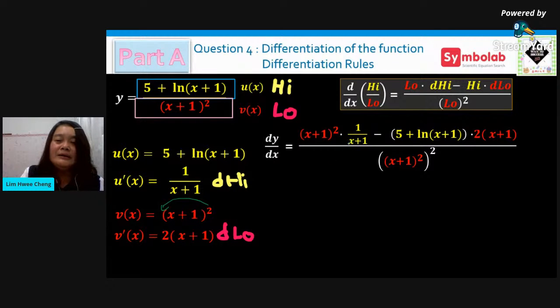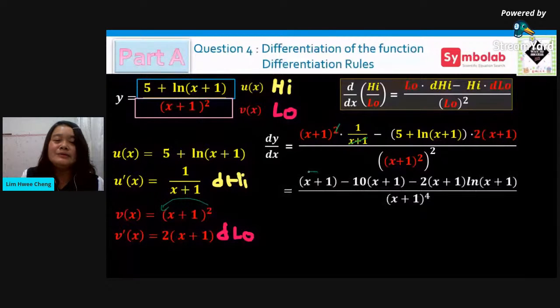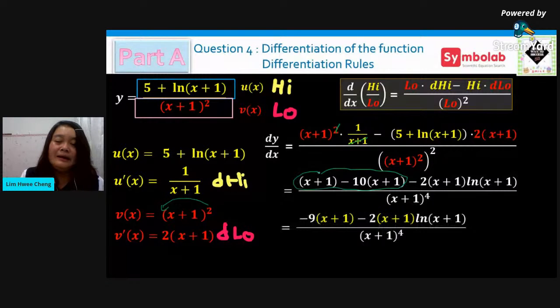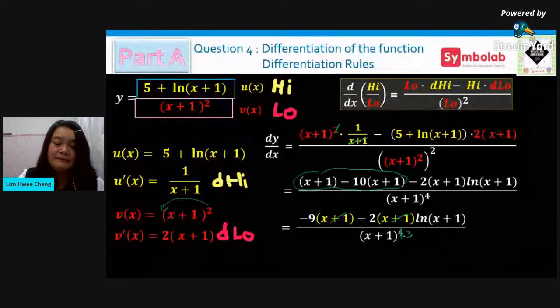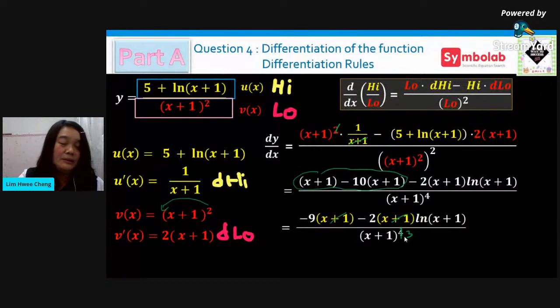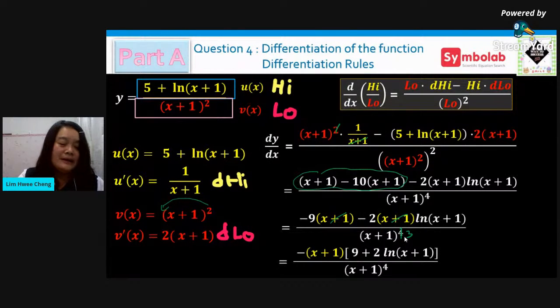Okay, and this one you can simplify. After you simplify, you will get this, and this one you may collect the like terms. You get the minus 9. This one you can omit. Simplify, you get x power 1, x plus 1 power 3. So you will get this as well.